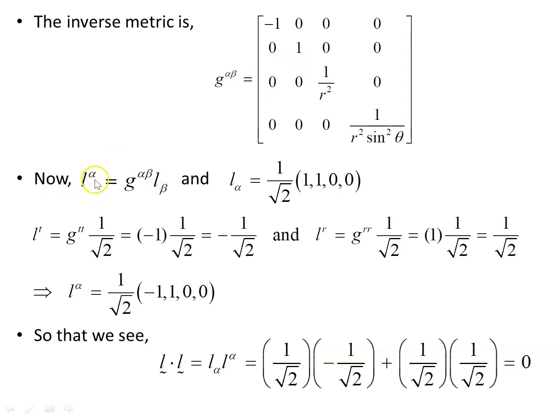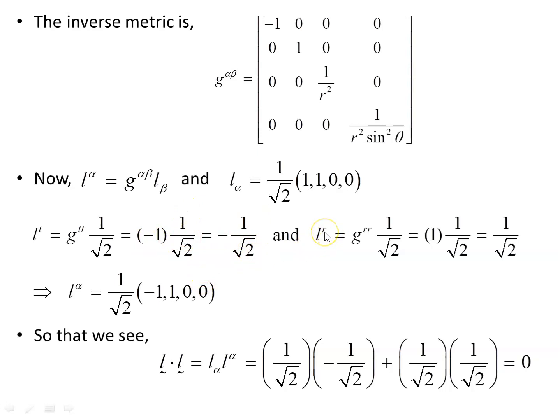And what we can do now is get the upper index by using the inverse matrix to raise the lower index here. We can start with the components here, and we can raise those. So L upper t is G tt times L lower t, which is 1 over root 2. G tt is minus 1, there it is up there. Minus 1 times that gives us negative 1 on root 2.